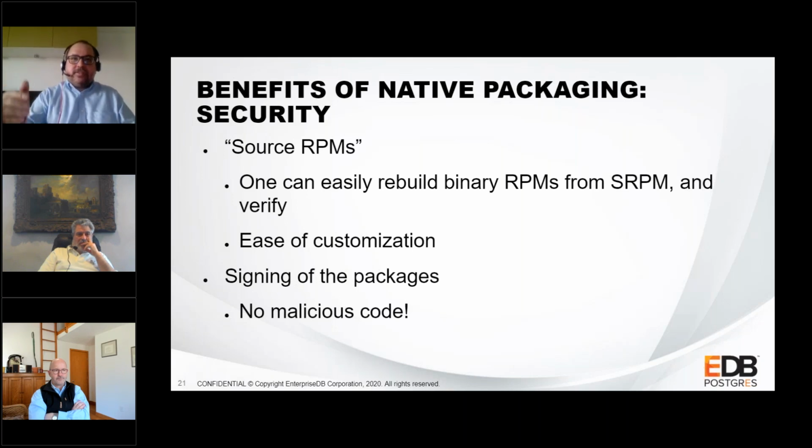So you can just download the source RPM, open the spec file, and change those parameters. You can even add your own patches, which I know some people out there are already doing. You can add your own patches for your installation and just build your RPM. So it gives you an extra security level if you want to compare the installation on your machine with the packages that we provide from the repo.